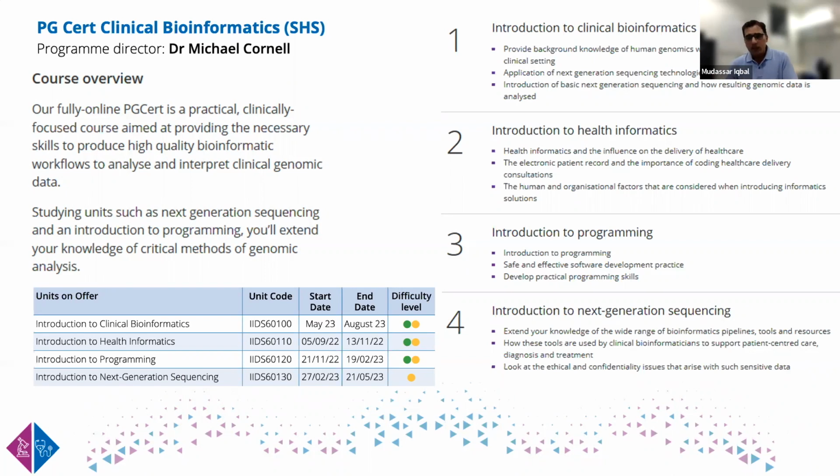Introduction to Health Informatics is an introductory course on working with health data, especially electronic health records, and it also covers related human and organizational issues. Introduction to Programming is another programming course, mainly Python, probably a relatively lighter touch compared to programming skills in the previous slides.